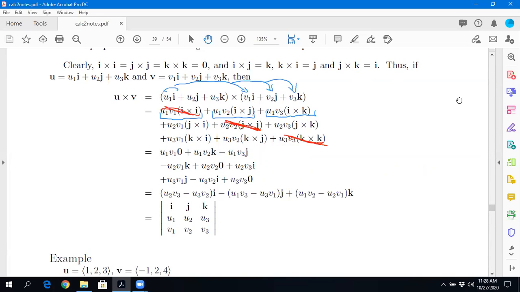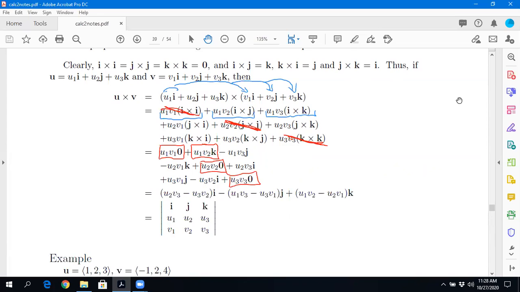What is I cross J? K. So I cross J is K, which is where this term comes from. I put the zero vector in here just for completeness, but all three of these are going to go away.